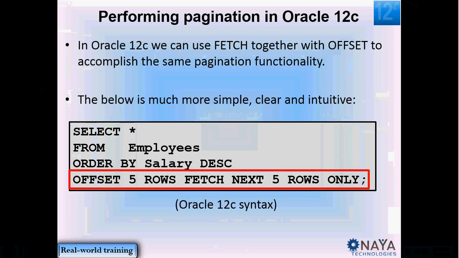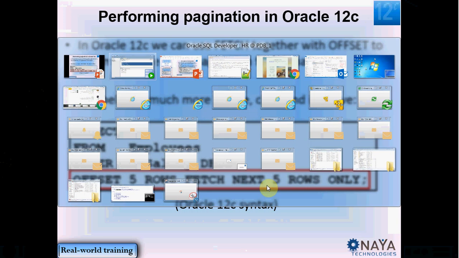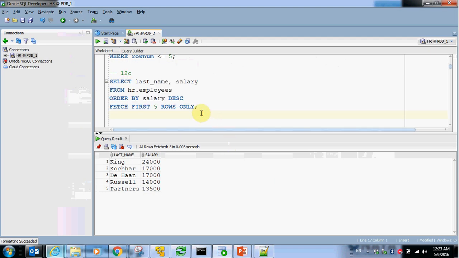We can use the offset option. OFFSET 5 ROWS, meaning I want to start in row number 6, and from there I want to fetch the next 5 rows only. This will perform pagination to get rows 6 through 10. Let's take a look in SQL Developer.